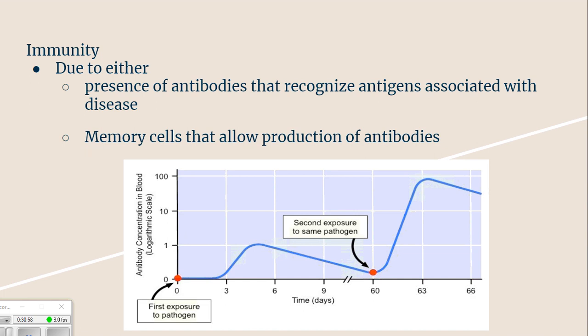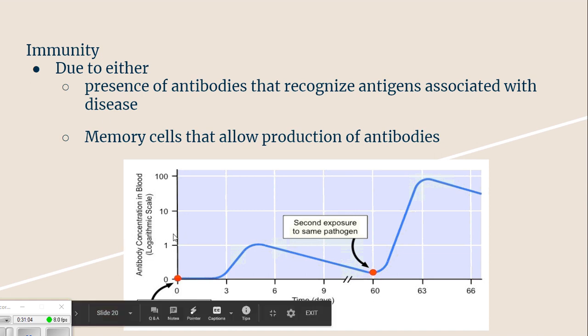So the way that immunity comes about to a particular pathogen, if we look at the level of antibody concentration in the blood, is that upon first exposure, you have very low levels or no levels of that antibody. And it takes about a week or so to get a peak.